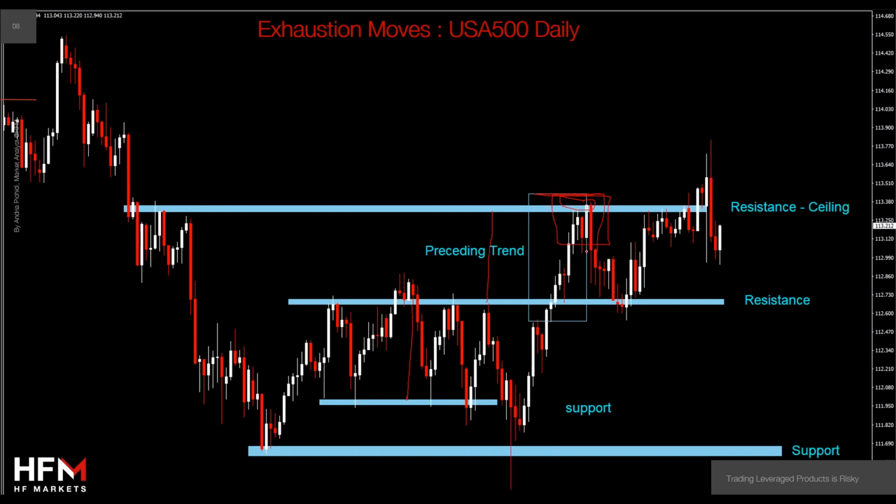Indecision on the resistance area at my target level could lead to a short-term contrarian view, a short-term short position. You see why I'm saying indecision?